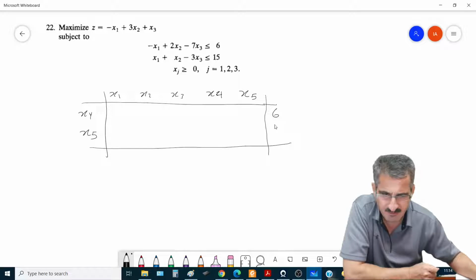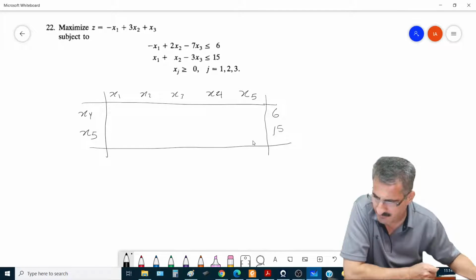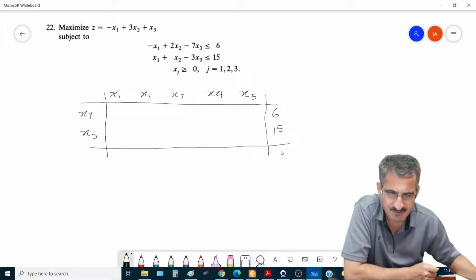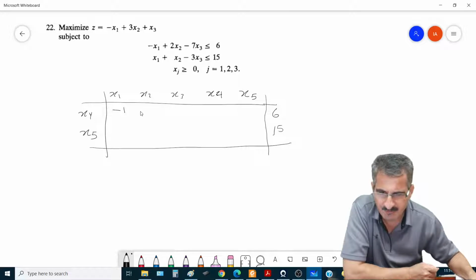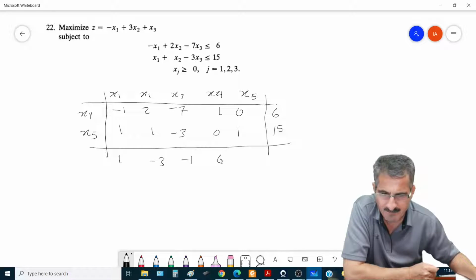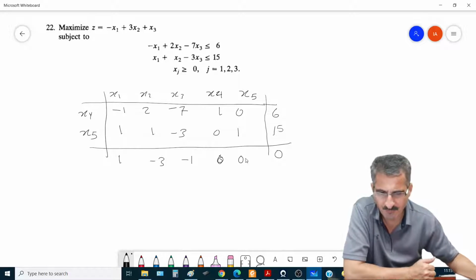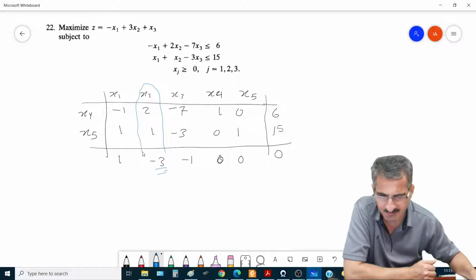And then here we get 6 and 15, and then we get -1, 2, -7, 1, 0, and 1, 1, -3, 0, 1, and here we get 1, right? -3, -1, 0, 0, and 0. Okay, now this is the pivotal column, this is the entering variable.